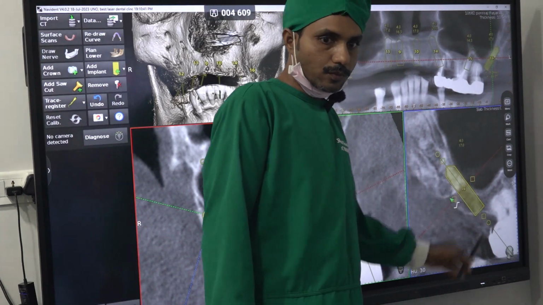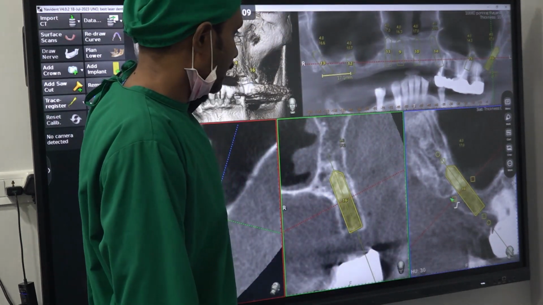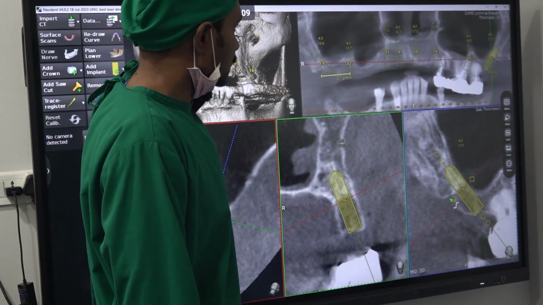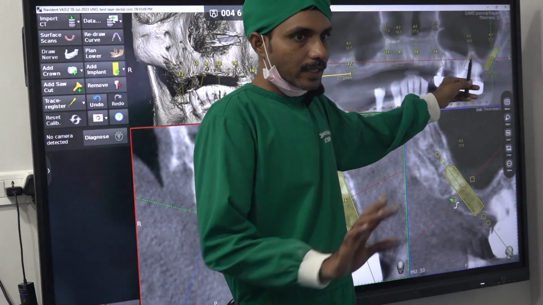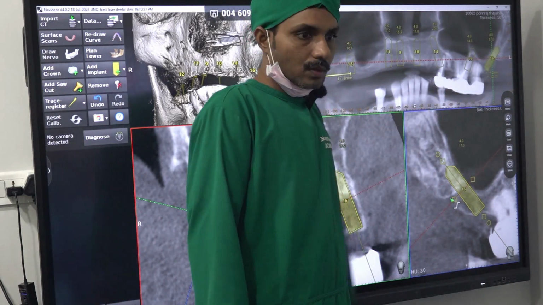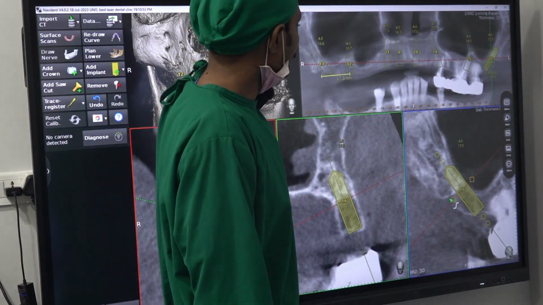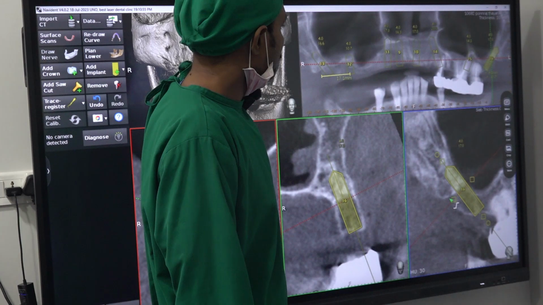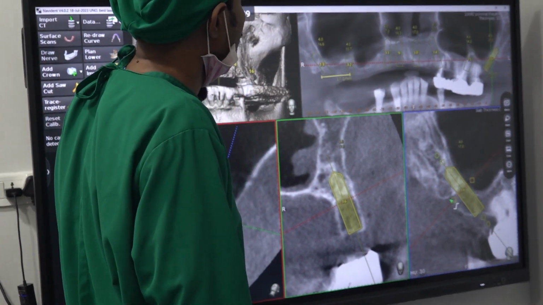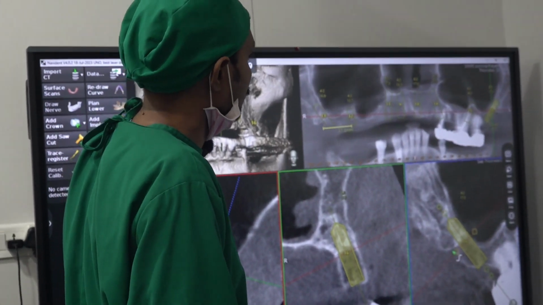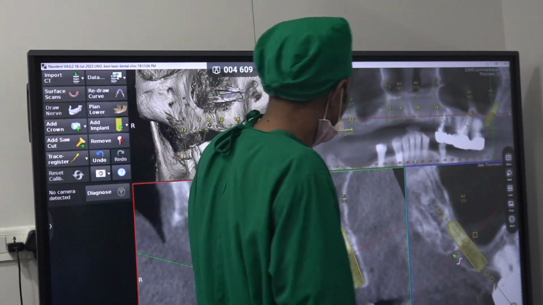Distal wall of maxilla it is going. Now we'll see. If we get good stability here, our first option will be here. If we are getting nice good stability, we won't do pterygoid. So we'll start.